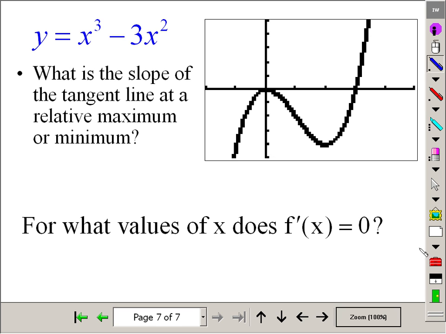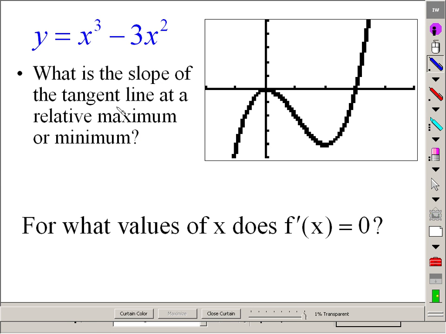No big deal. Again, these are slightly different ones now. This one has a relative maximum and a relative minimum. Here and here, this one would be a relative maximum, and this is a relative minimum, meaning it's not the lowest point.